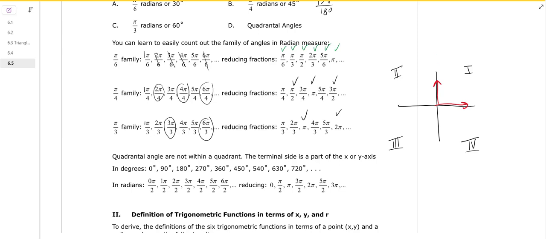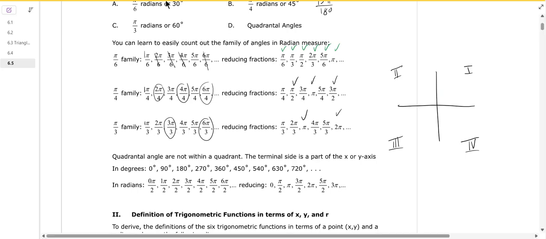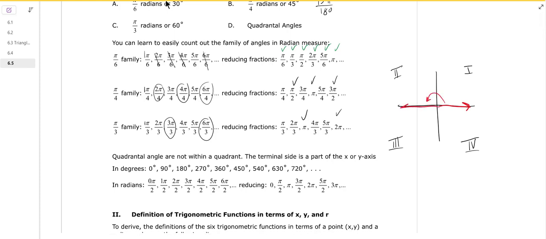Another example would be 180 degrees. 180 degrees would look like this. You start with your initial side, and then you go over to your terminal side, and you end up on the x-axis. So if your angle terminates on either the positive or negative x-axis, positive or negative y-axis, then it's called quadrantal.